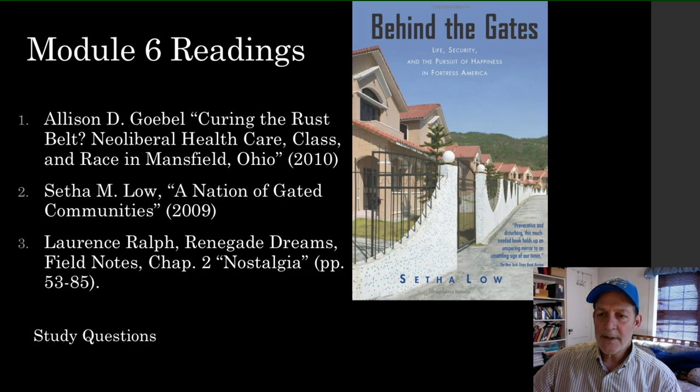In addition to the sample of student writing on cultural borderlands, there are 3 readings in this module. In Curing the Rust Belt, Alison Goebel looks at changing race and class conditions and socioeconomic borders in post-industrial Mansfield, Ohio. Goebel traces the changing fortunes of this small city and the challenges faced by long-term residents and younger residents as once booming factories have shuttered and left the area.